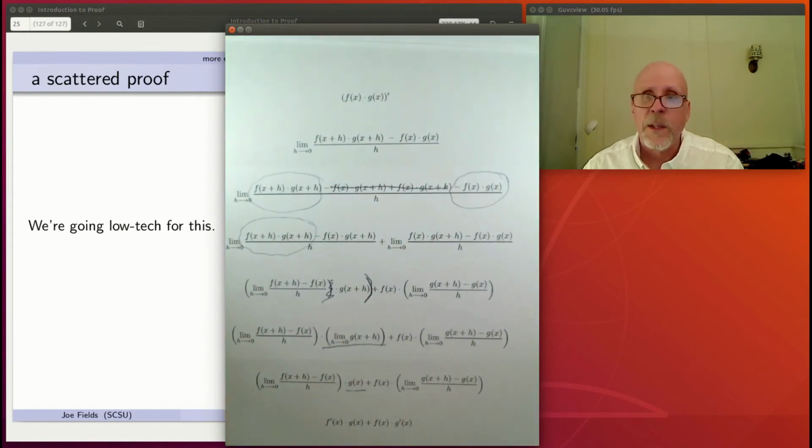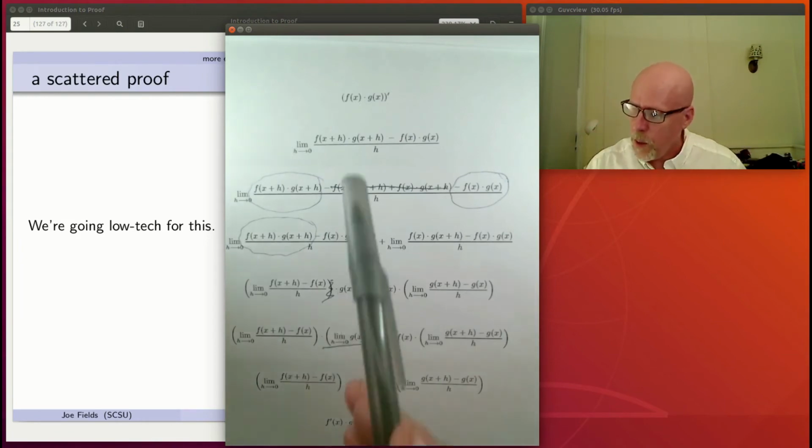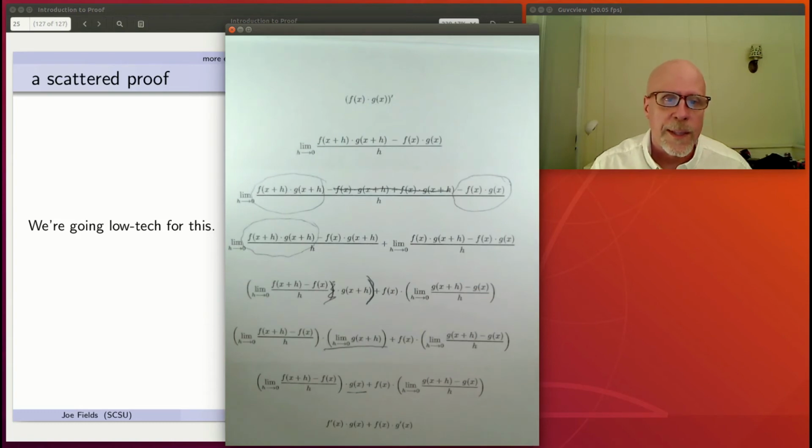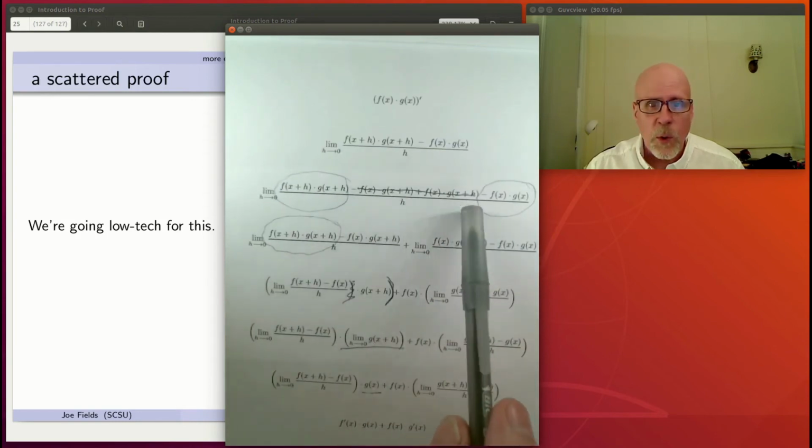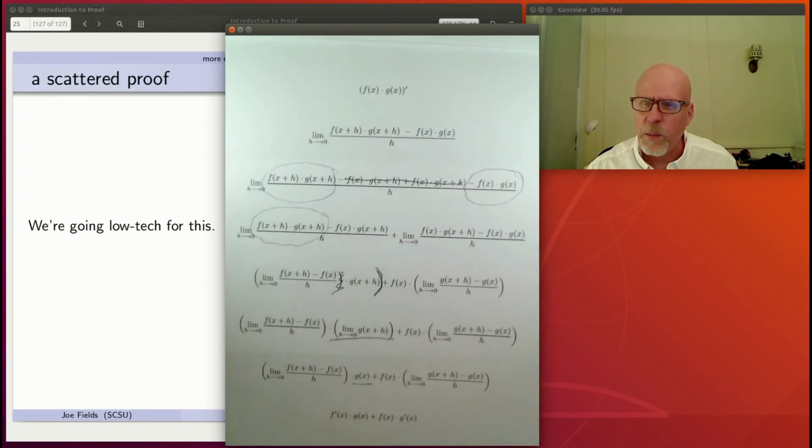So another example of mostly working backwards, but there was a little step where we worked forward from the first line to the second line. That was a forward deduction. And you could put this whole thing together into a unidirectional thing that went from premise to conclusion. The step here would feel a little weird at first because it seems unmotivated, but once you see how it works out, you go, oh, I see why they did that trick.